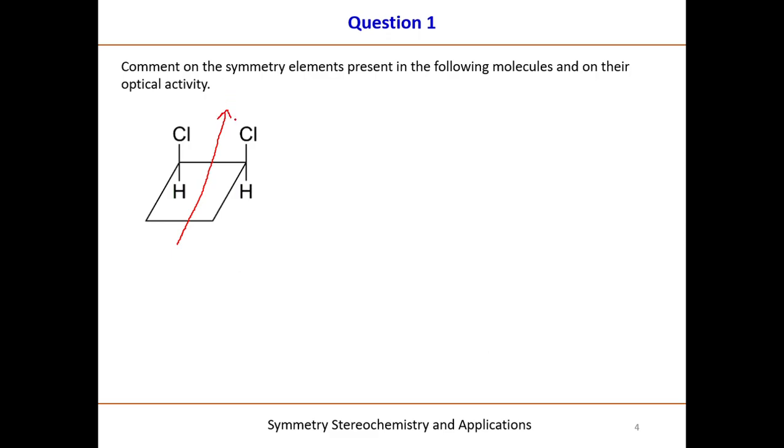I will not get the exact molecule which we had earlier. So I will draw it here after rotation. If I rotate by 180 degrees, what will happen? These two Cl will go to the bottom side, and these two hydrogens will come to the top side. So now these two structures are not the same, not indistinguishable. So the axis of rotation is absent here.